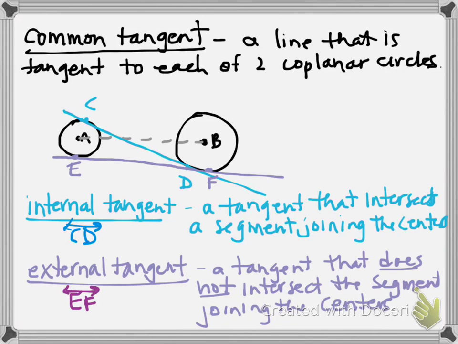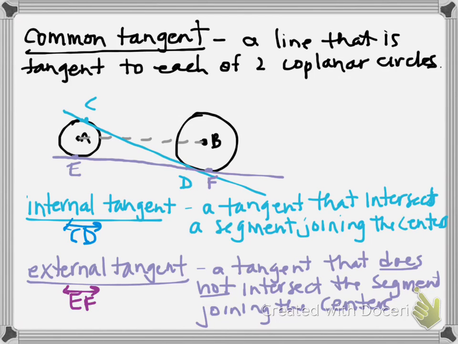How do you like that for a definition? Okay. A tangent, this is for Drake Plotkin, a tangent that does not intersect the segment joining the centers. Okay?